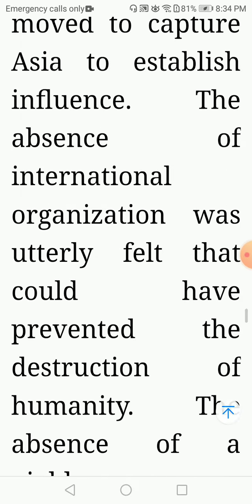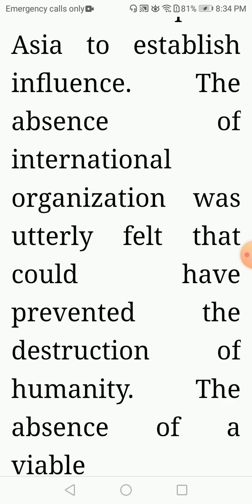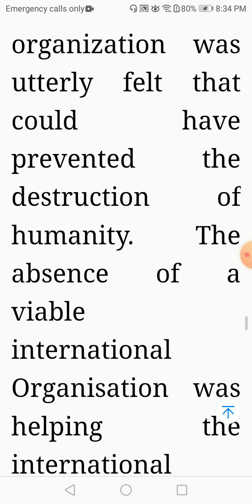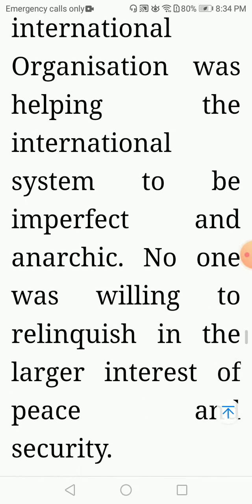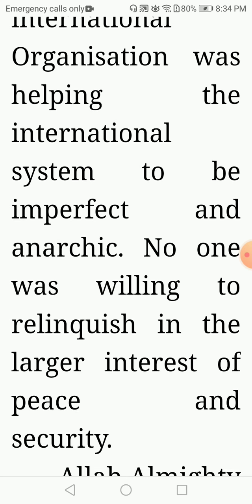The absence of international organization was utterly felt that could have prevented the destruction of humanity. The absence of a viable, potent, or powerful international organization was helping the international system to be imperfect and anarchic.